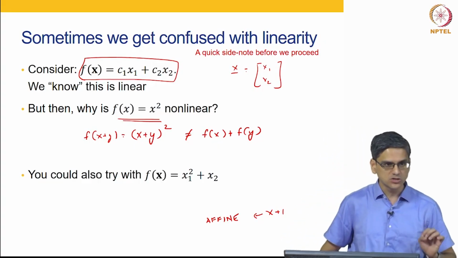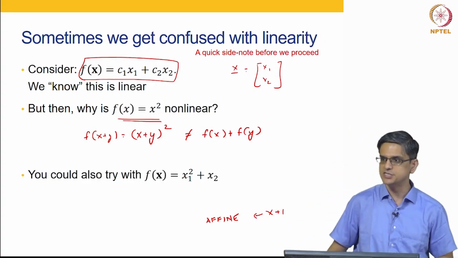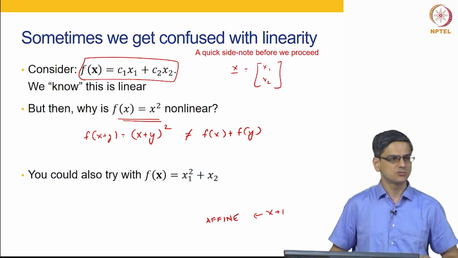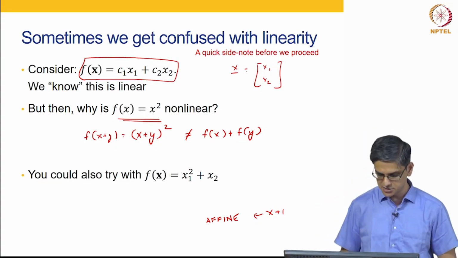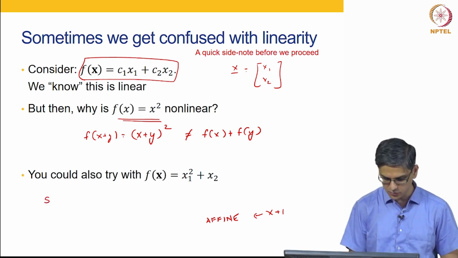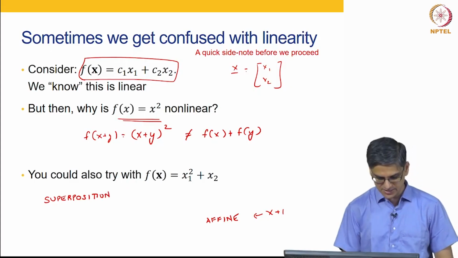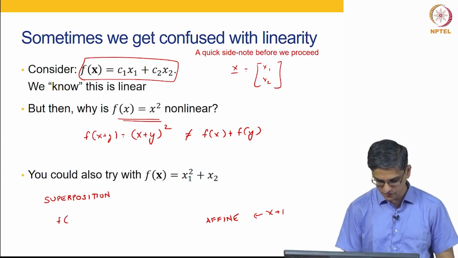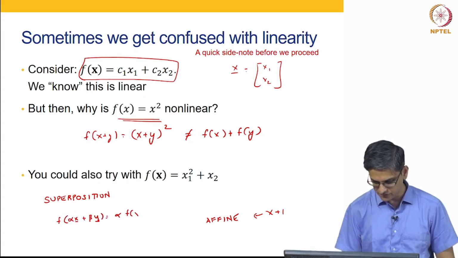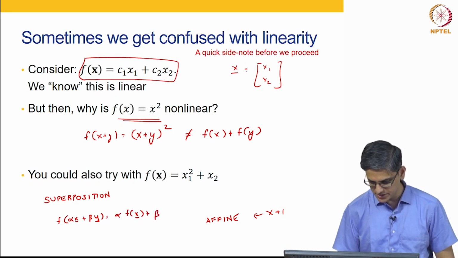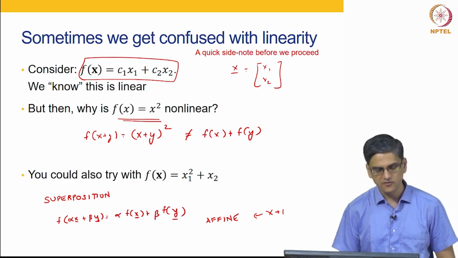And one of the most important properties that this leads you to is something that I talked about in the last 2 minutes of yesterday's lecture, and that is the principle of superposition, which basically just means f of alpha x plus beta y bar is alpha times f of x bar plus beta times f of y bar.